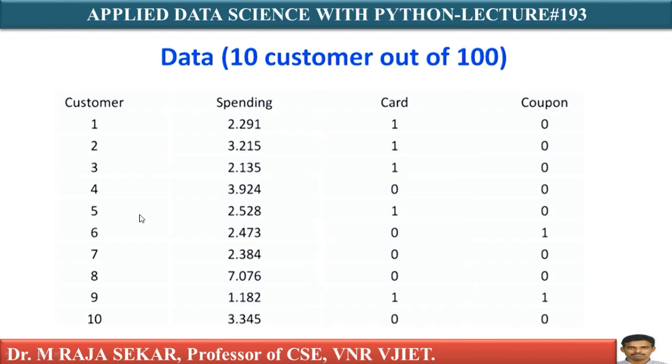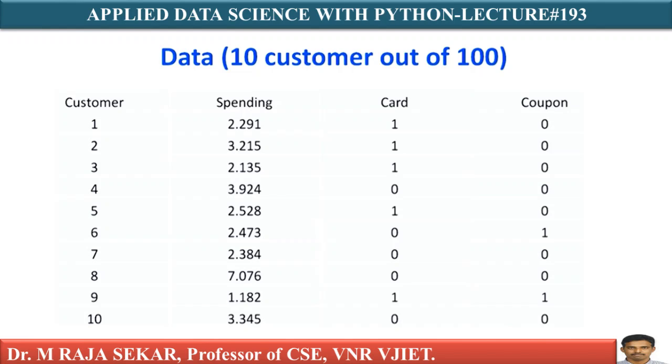By using this data set, we are going to construct a logistic regression equation model so that they can target whom the catalog should be sent to, so that they will use the coupon and the sales will increase.